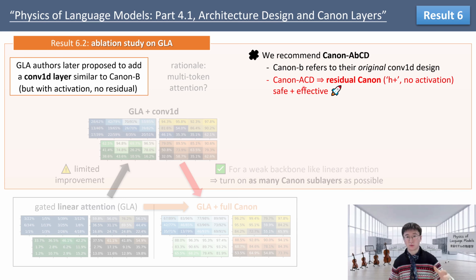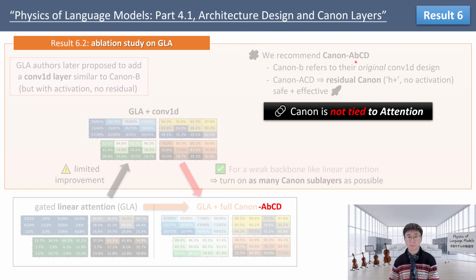We're adding the Canon ACD, the residual versions of the Canon. This is what I'm showing here. After adding the ACD, you see this continued improvement. This is a strong signal that the original Conv1D, or what I call the Canon little b design, is not enough. So in the end, we recommend this Canon A little b CD.